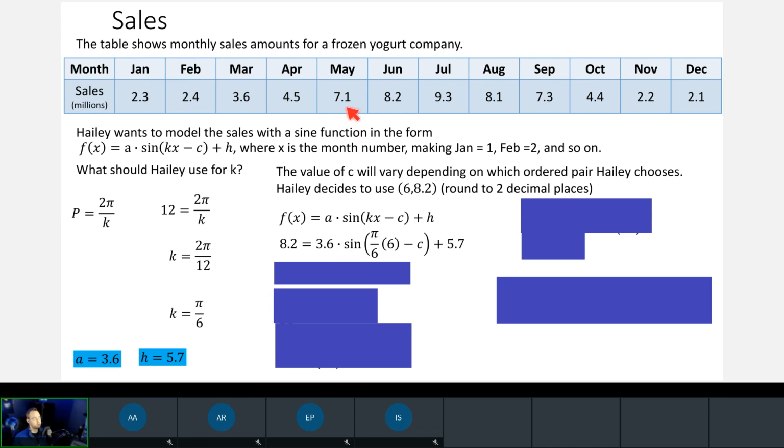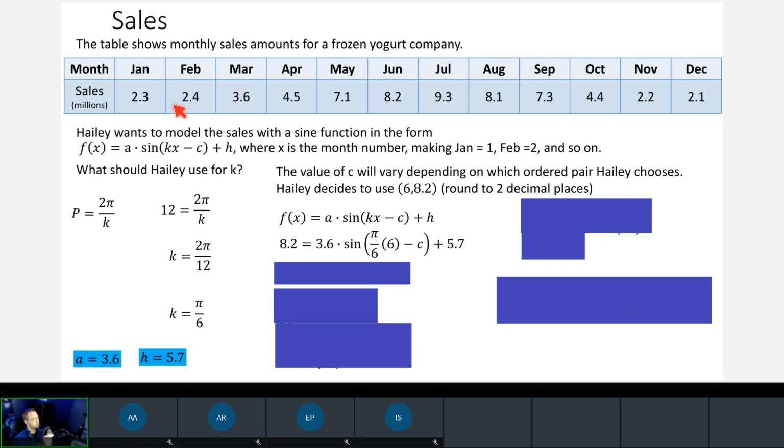We could have used any coordinate. We could have used 1, 2.3. You could have used 2, 2.4. We could have used 12, 2.1. It doesn't matter. Because this is a real world situation, even though this data follows this sinusoidal pattern, it may be imperfect.